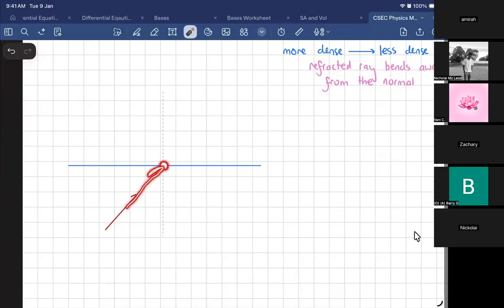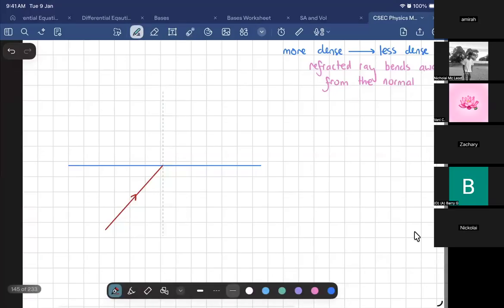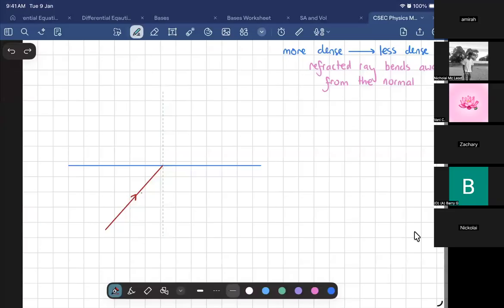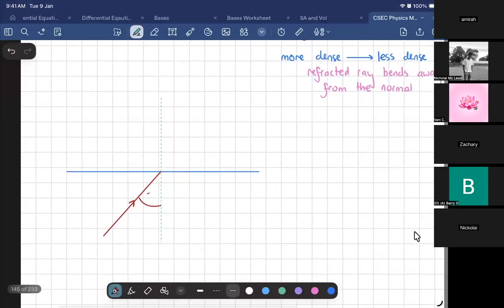It's pointing towards it, so it's like incoming, incident. If I wanted to draw the angle of incidence, would this be correct? Amira, is that correct or nah? No, sir. The angle of incidence is formed between the incident ray and the normal. So this would be correct. Theta I. And this is the incident ray.